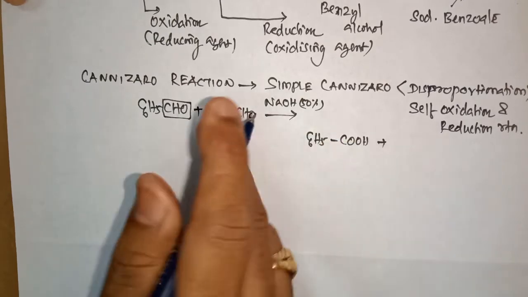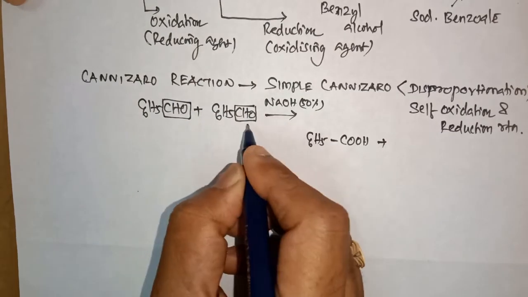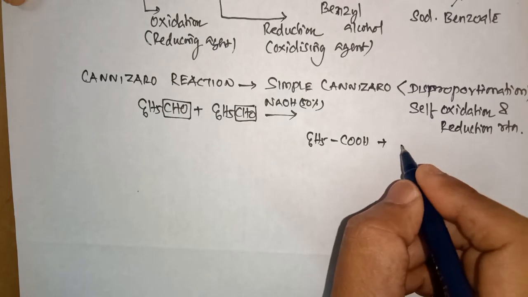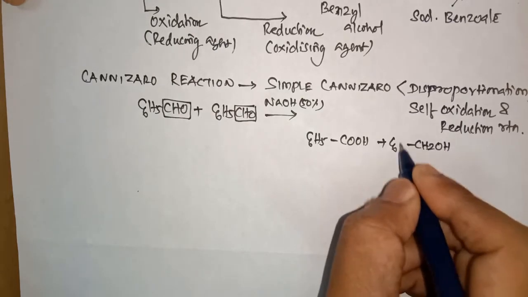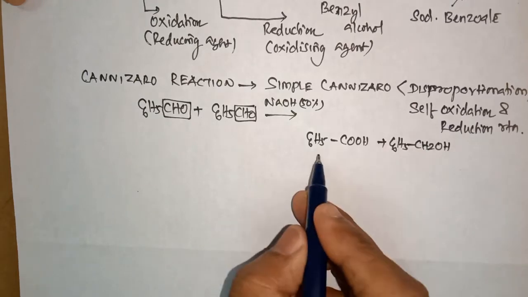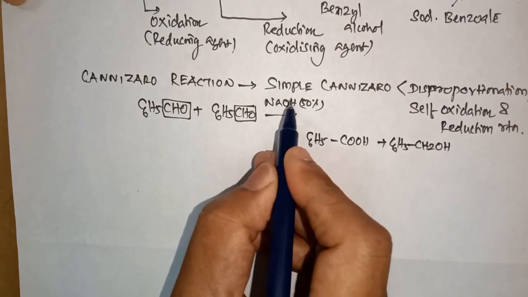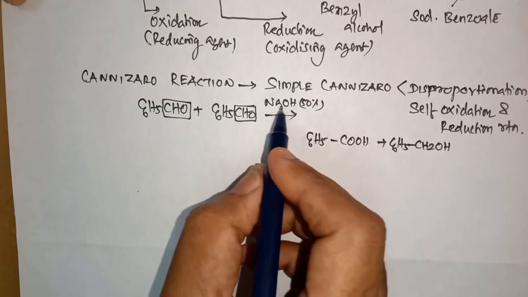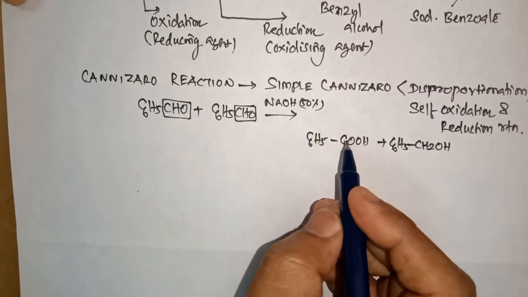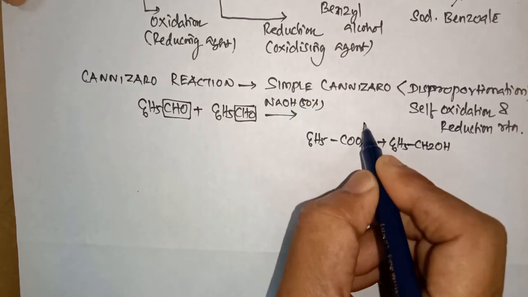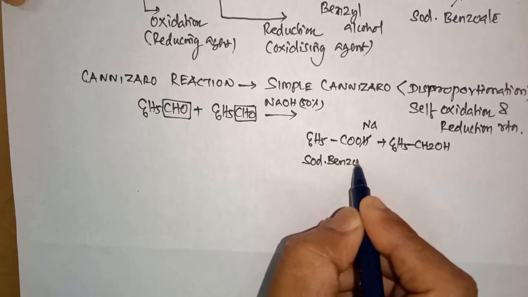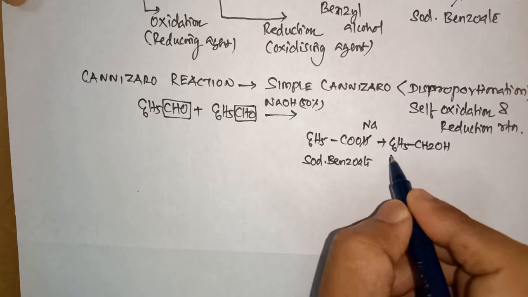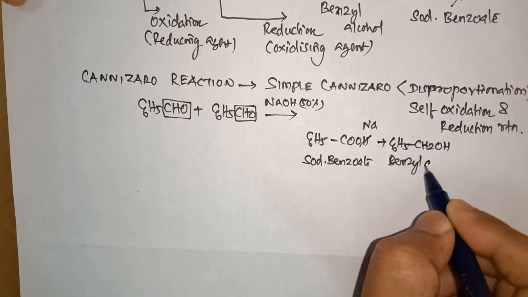Plus one is undergoing reduction, so that aldehyde group is converted to the primary alcohol group, CH2OH. Since the acid is in the presence of base, it becomes its salt, with sodium. That is called sodium benzoate. The alcohol is named benzyl alcohol.